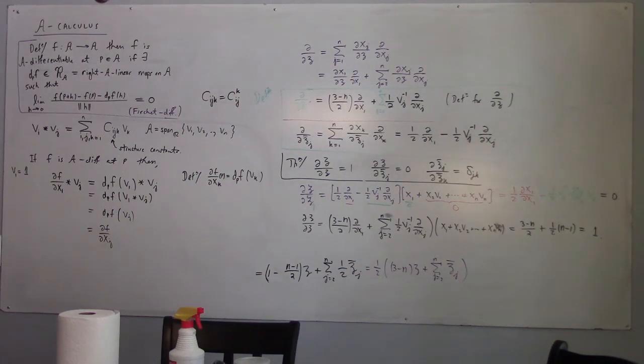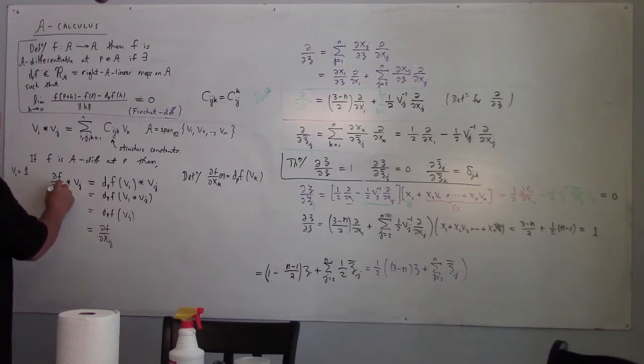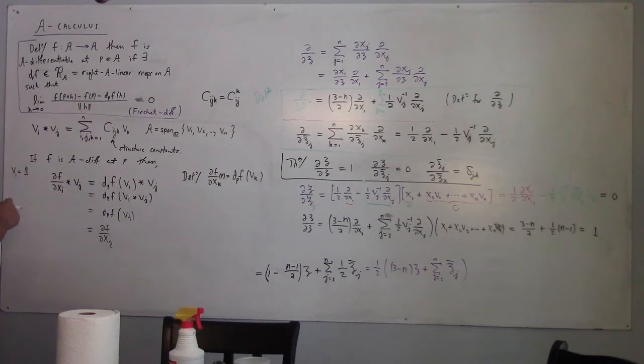Here, let's try to work out 3. Let's just try to do it. So partial f partial xi times vj, right? Now we're dropping the assumption that 1 is the identity. We don't get that to play with now.